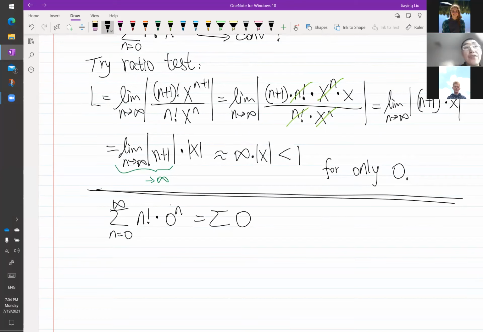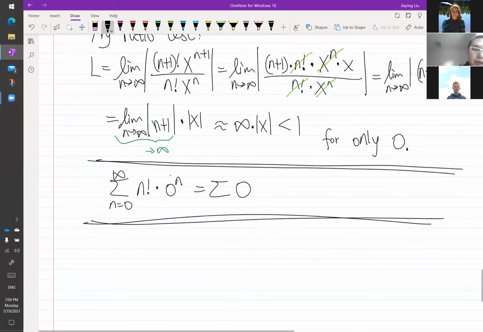But 0 to the infinity power, we don't know, or infinity times 0, we don't know. So note, 0 to the 0 power is just 0, I believe. Double check.